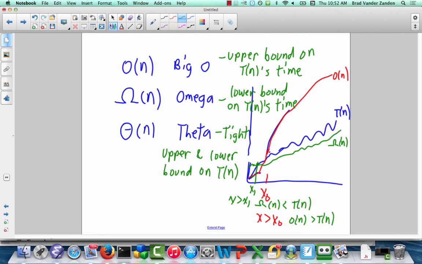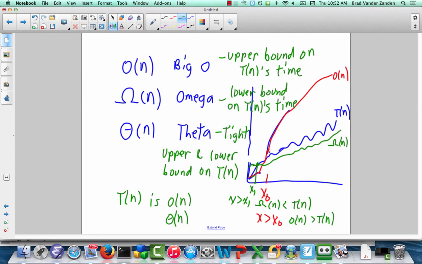In fact, when we say that an algorithm T of n is order n, what we actually typically mean is that it's theta n, meaning it neither runs more slowly than order n, nor does it run faster. But we're lazy in computer science, and we typically say big O rather than big theta.